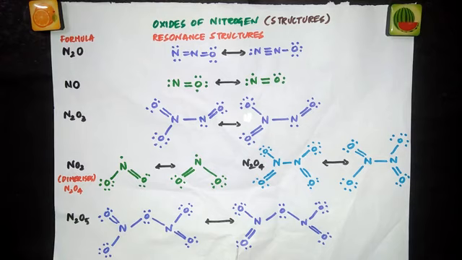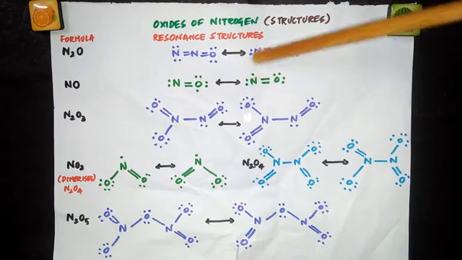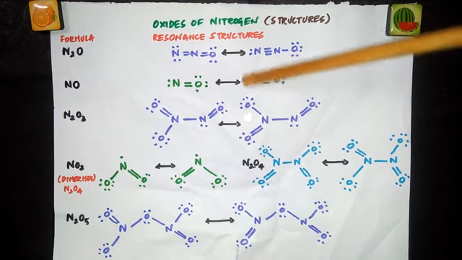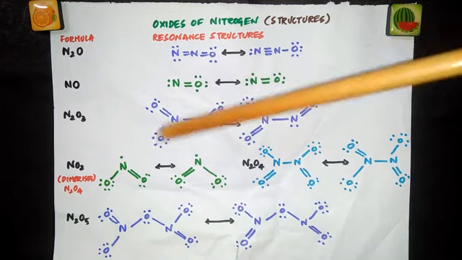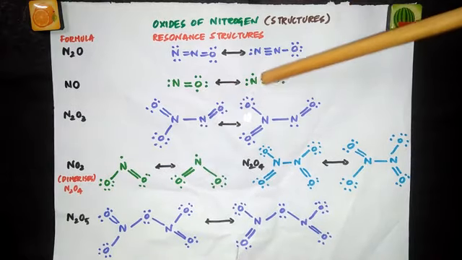The reason why NO does not dimerize is because NO has a lone pair of electrons here along with an unpaired electron. See, this is the unpaired electron, and this is the lone pair of electrons. When you look at NO2, it has only an unpaired electron, no lone pair of electrons.